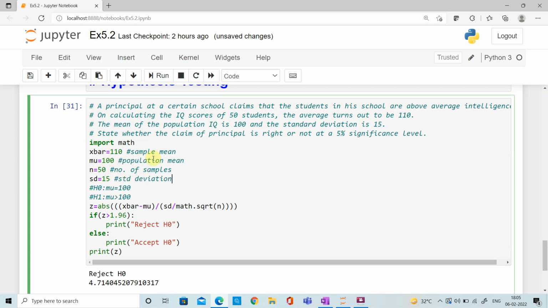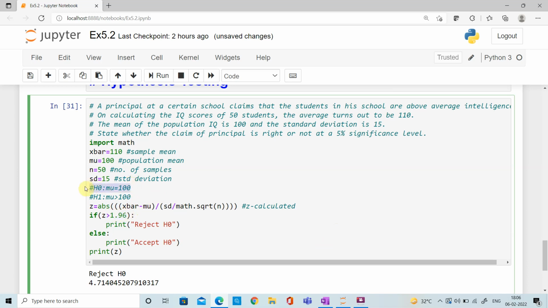Now by using these, I can calculate my formula, the Z calculated. Since my question gives 5% significance, I know my Z score. The Z score is 1.96 from the table. You studied in school that you have a Z table. Based on the Z table, for 5% significance, the corresponding Z score is 1.96.